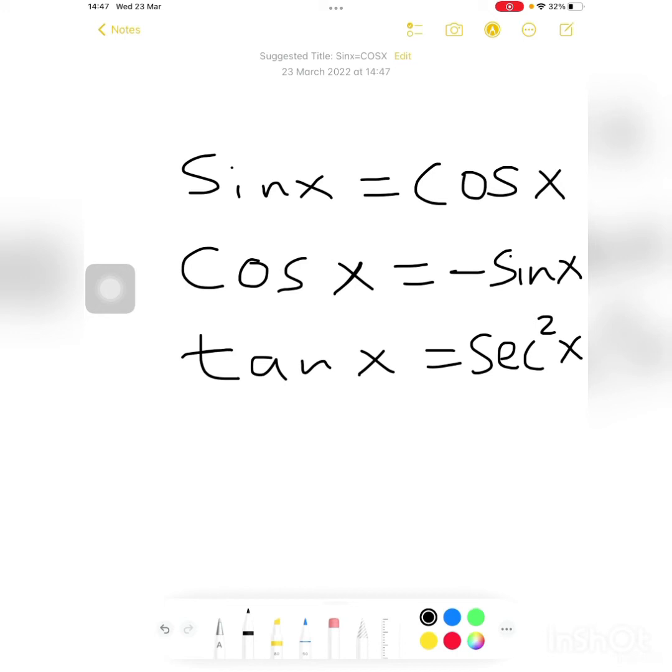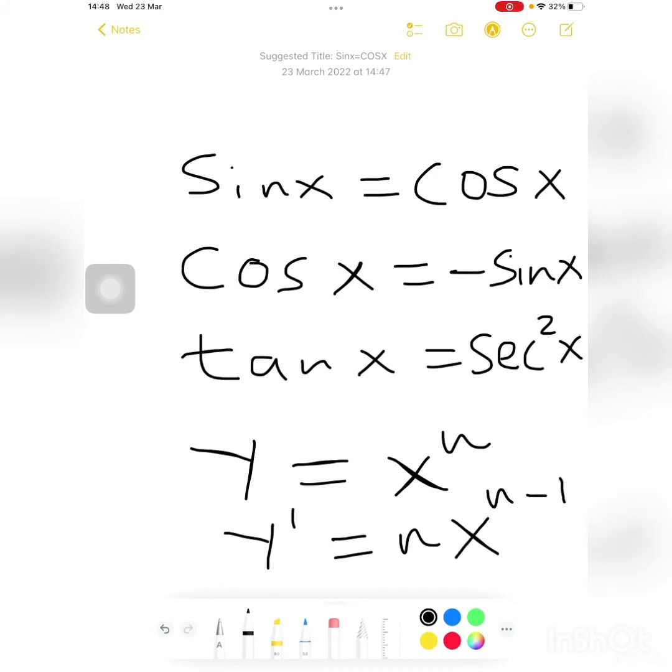Now we can look at some examples, especially based on the standard function y equals x^n. We said that the derivative of this, y prime, is obtained by bringing the power down, remaining with x, and subtracting 1 from the power. So anytime we have a function in this form, y equals x^n, you follow this way to get your derivative.